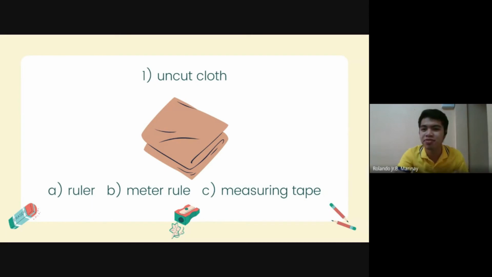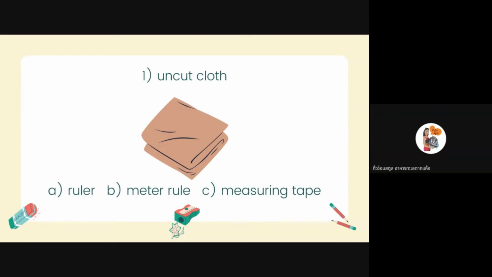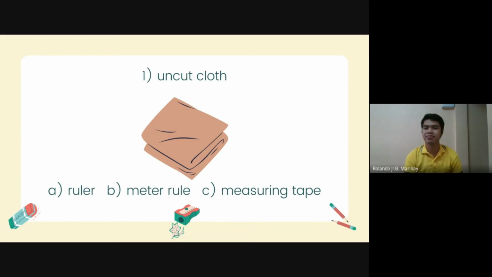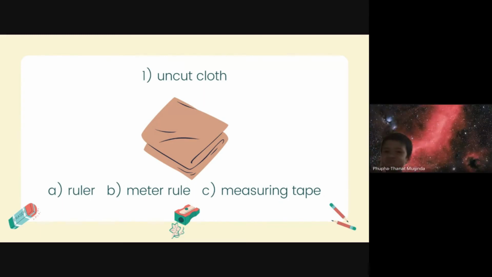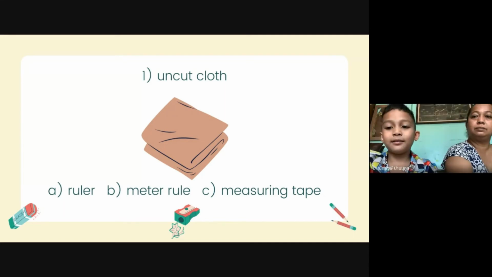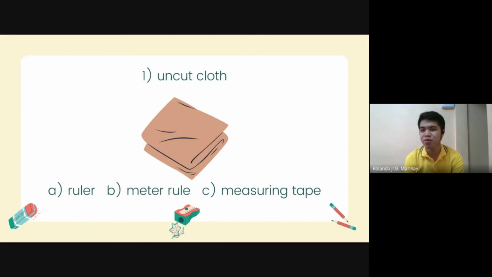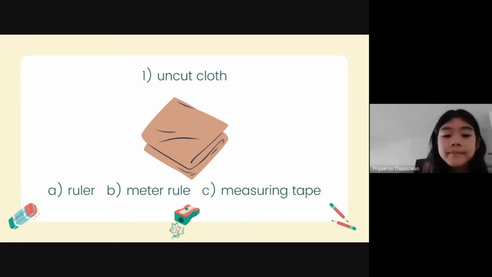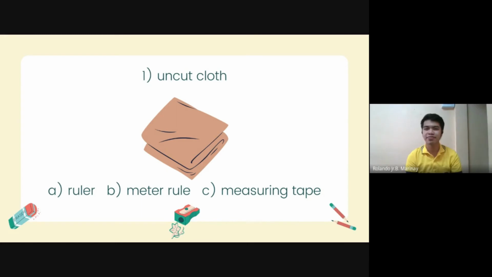Number 2. Finished number 1? Take your time. Remember, you're not going to write the A, B, or C. You're going to write the word. Very good, Po. Very good, Peach. Very good, Smile.